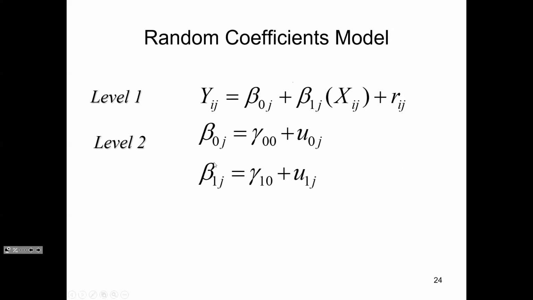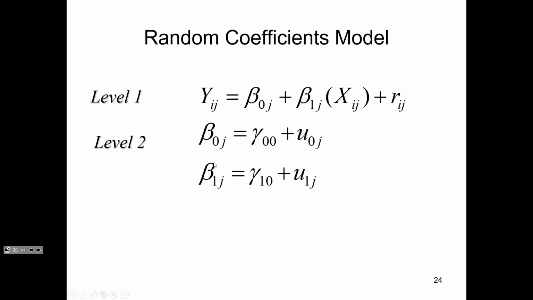So now again, we take our randomly varying coefficients from level 1, our beta naught j and our beta 1j, and they now become our dependent variables, right? And now here we don't have any predictors at level 2, but we're saying beta sub naught j is predicted by gamma naught naught, which is a fixed effect.